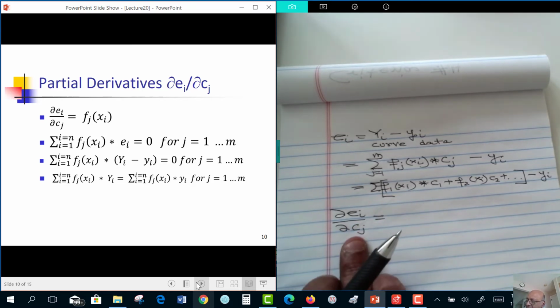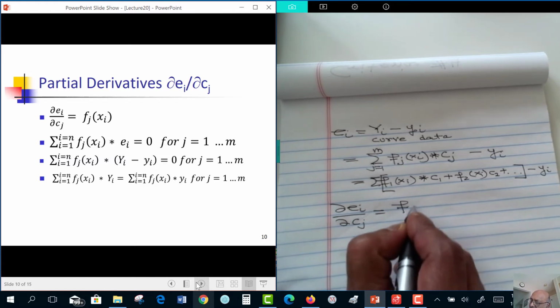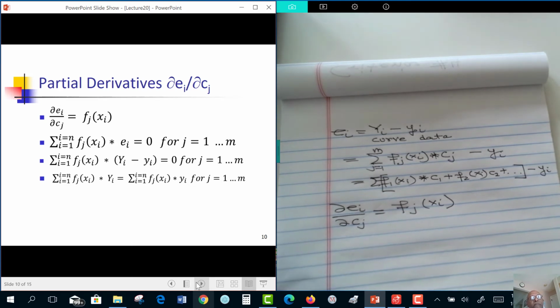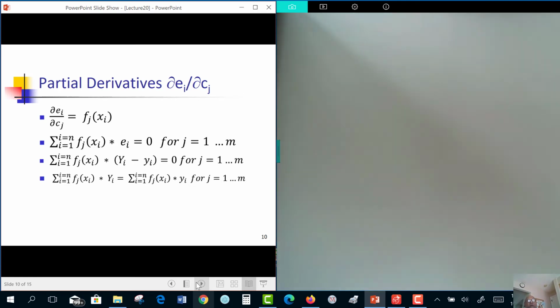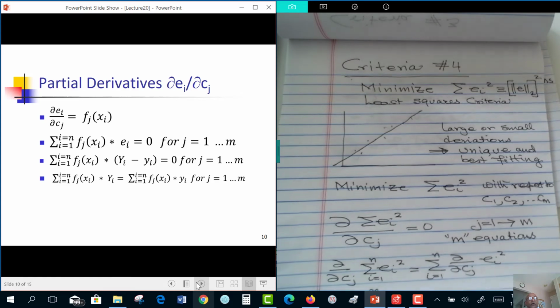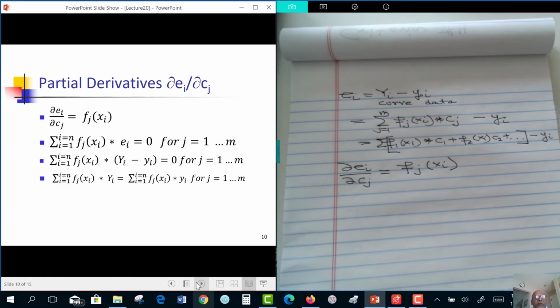So if we are taking with respect to cj, our derivative would be fj of xi, right? So we go back. Our equation, remember, was that we wanted to set 2 ei del ei del cj is equal to 0. So let's substitute that.